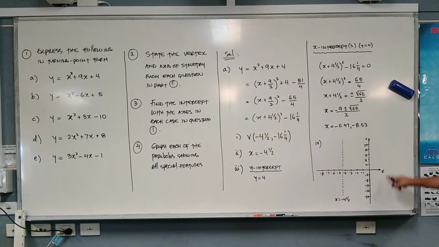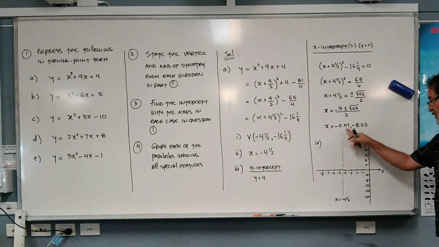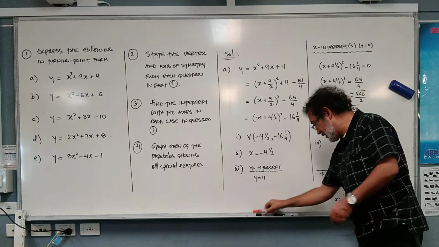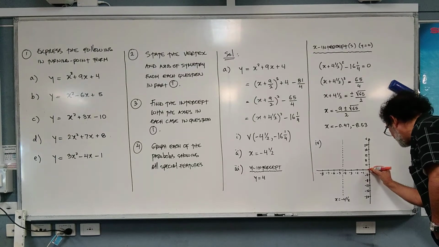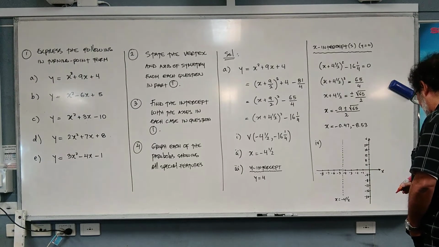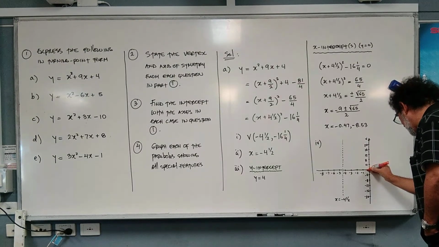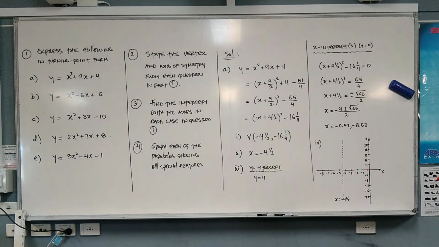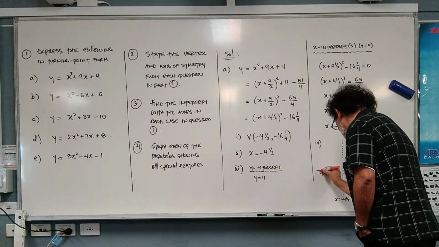So we have everything in here. Then we're going to approximate these two numbers, which are the x-intercepts. We got negative 0.47, so it's going to be somewhere here. The other one is negative 8.53, so let's say somewhere here.